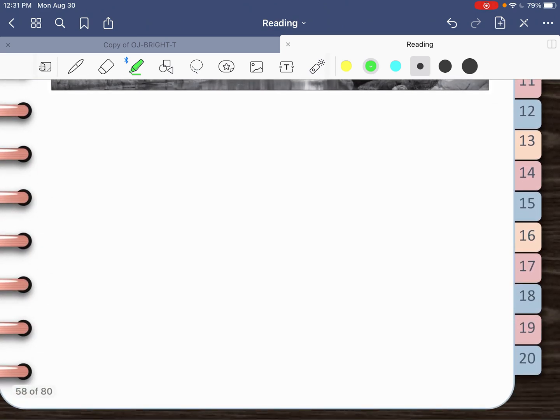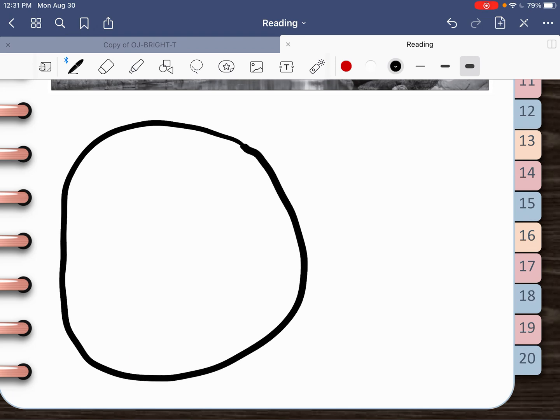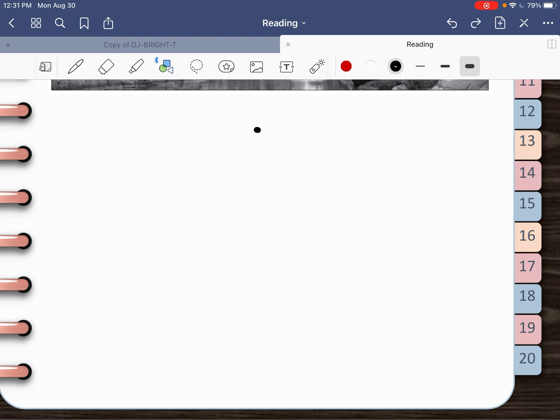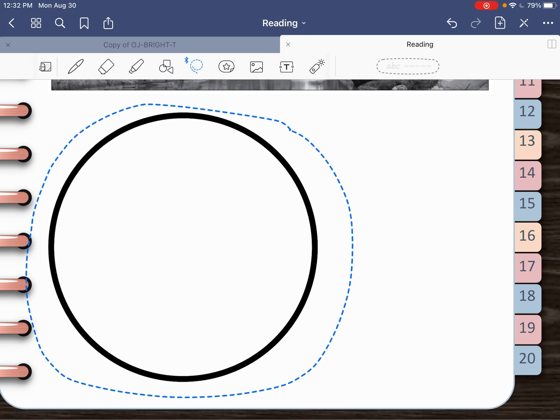Okay, let's compare these two passages. To do that, I want you to draw over to the left side of your paper a big circle. You can trace the bottom of a coffee cup, or you can just freehand. It doesn't matter to me.